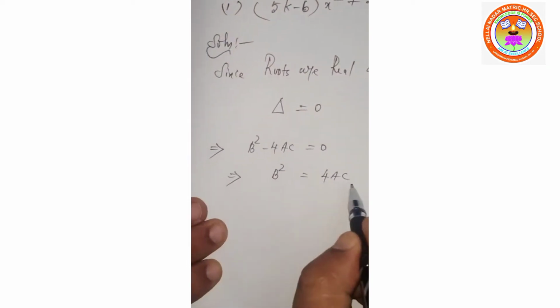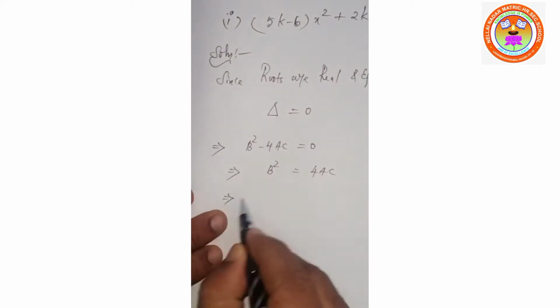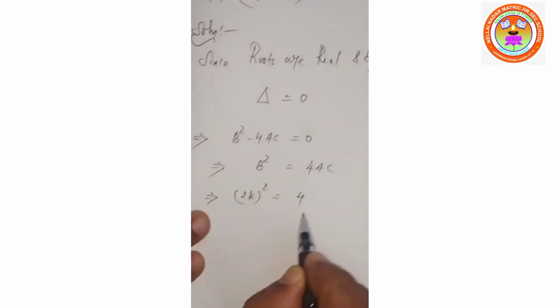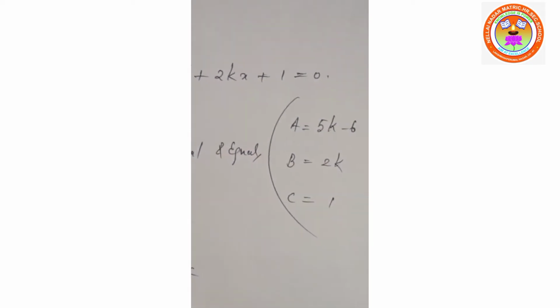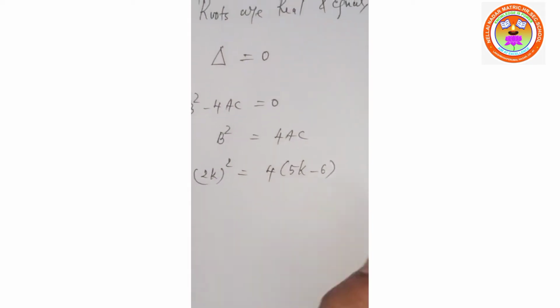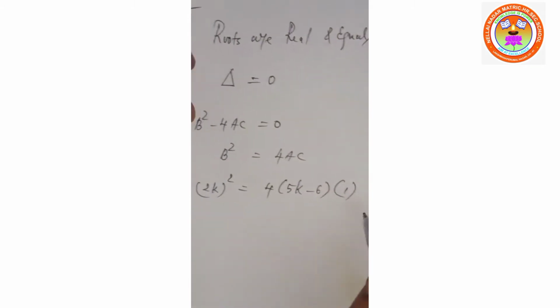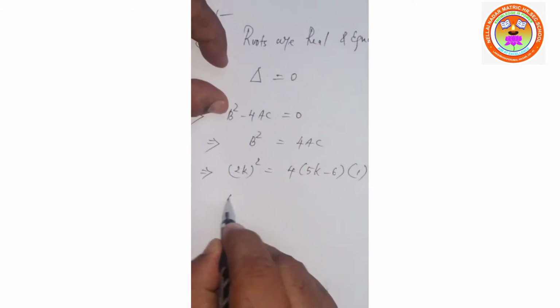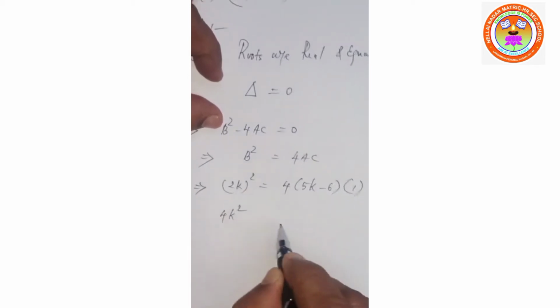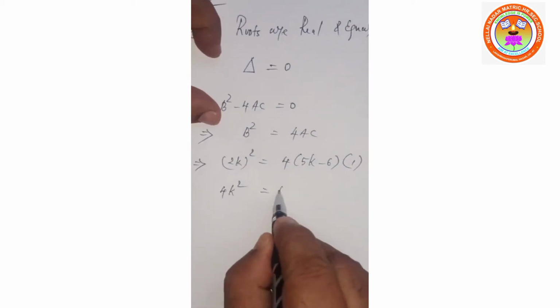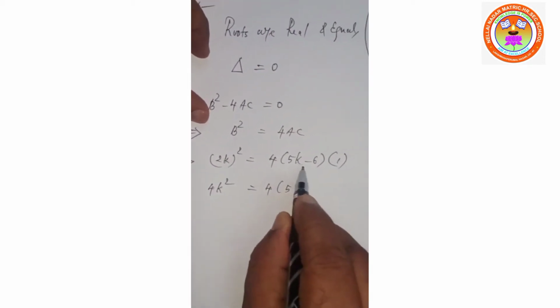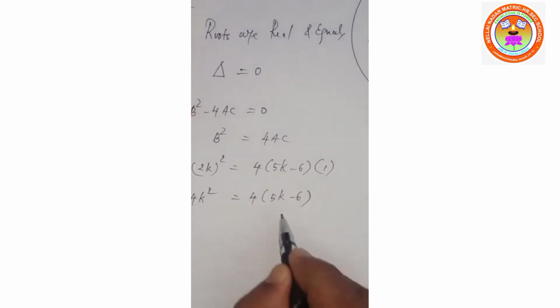Then substitute all the values of a, b and c. b squared, that is 2k the whole square. 4 into capital A, that is 5k minus 6, into capital C, that is 1. 2 squared is 4 and k to the power 2 is k squared, equals 4 into 5k minus 6 into 1 is 5k minus 6.